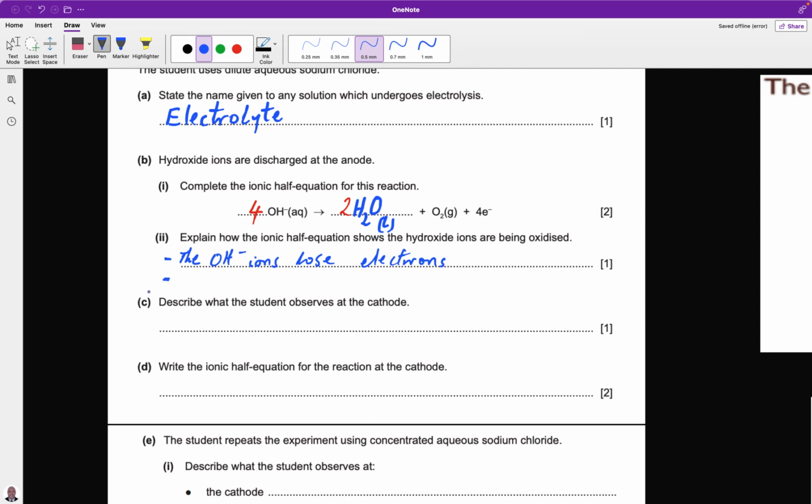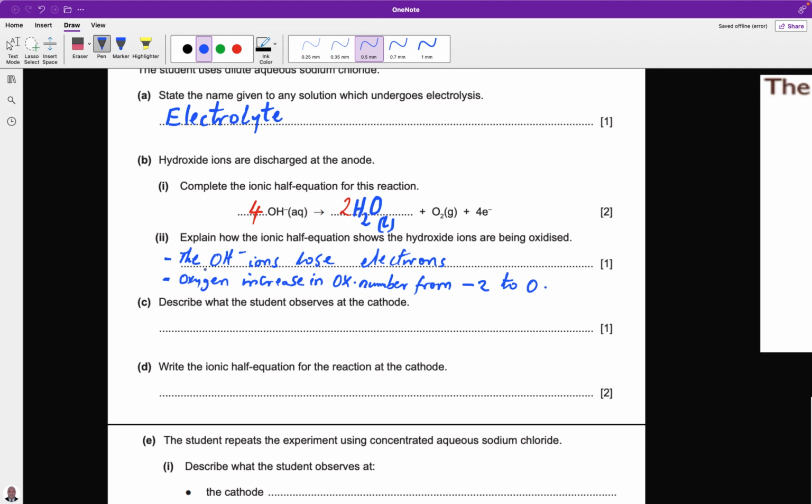The second reason is you can say the oxidation state of oxygen increases. Oxygen increases in oxidation number from -2 to 0.